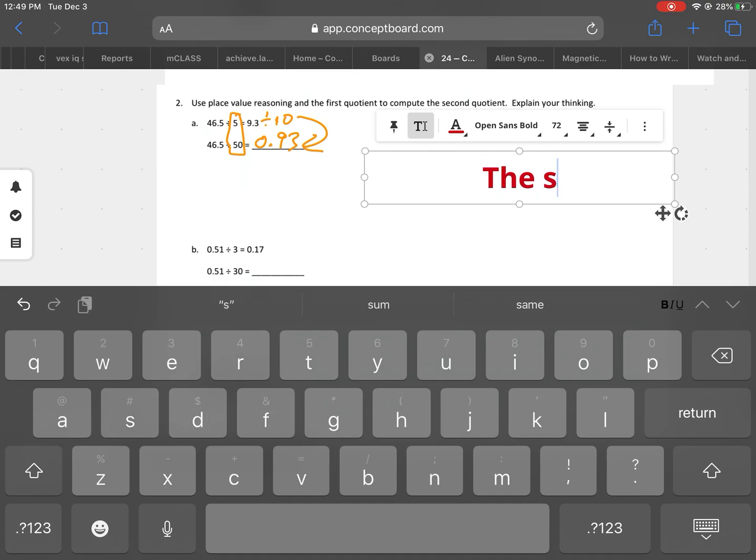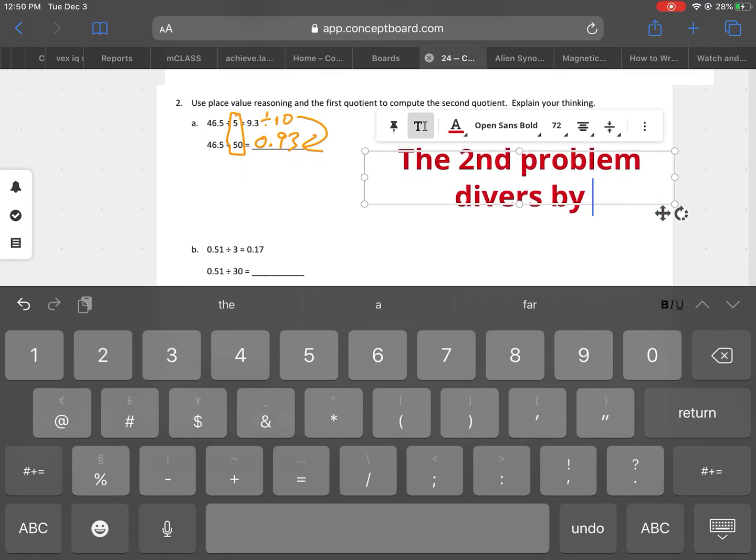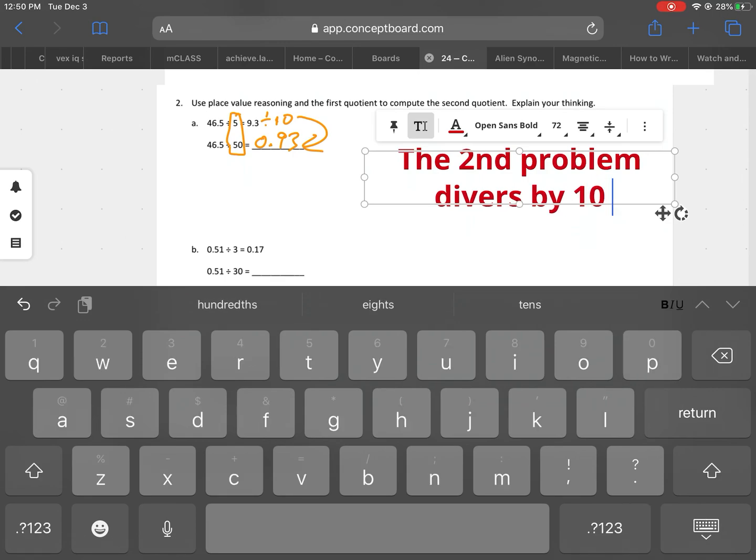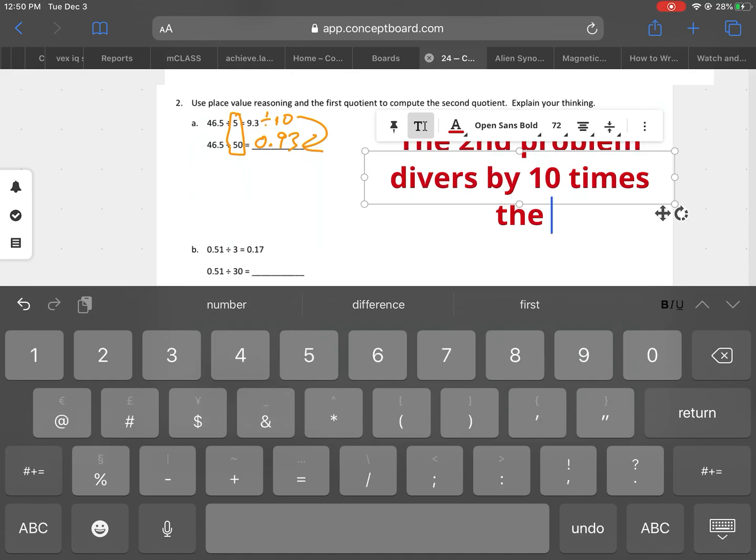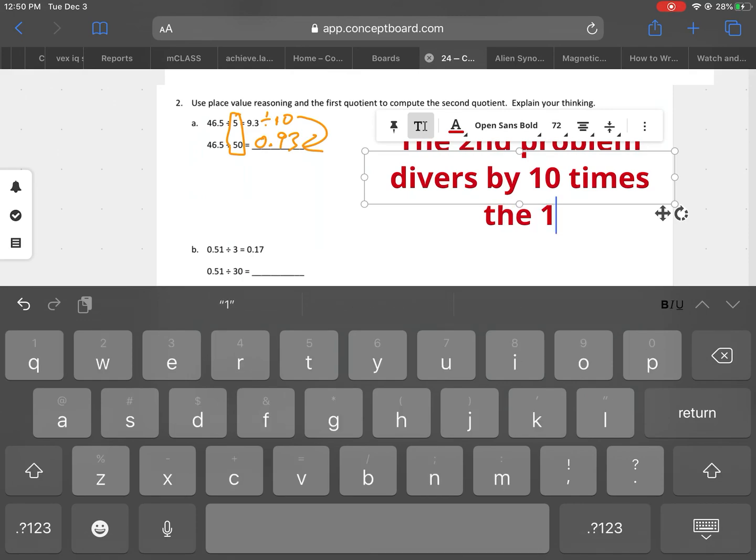The second problem, I'm going to do this here. Divides by 10 times the first problem.